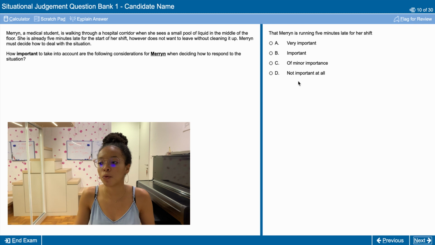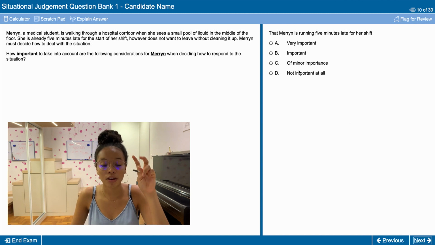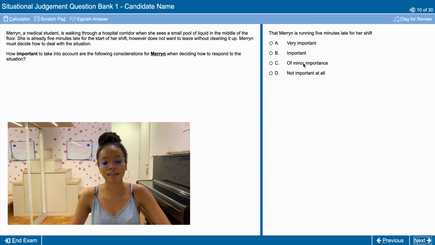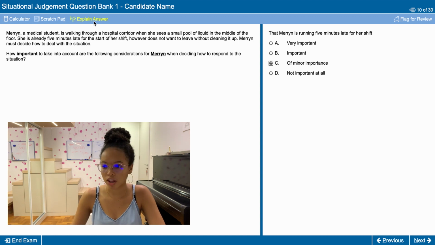So I would put it in the not important category, of minor importance, because being late still has some importance: it means she can't cater to her other patients who are waiting for her. I'm not 100% sure that's right, so let's check.